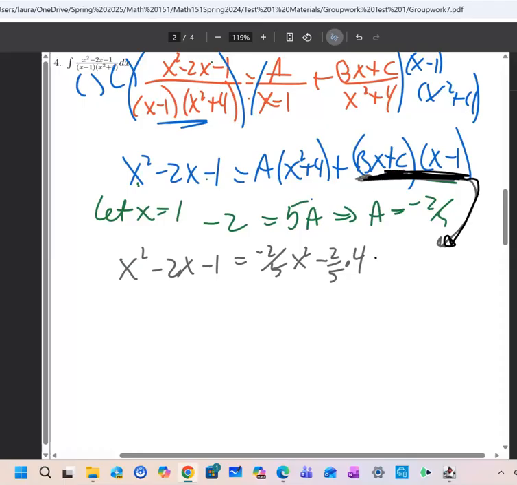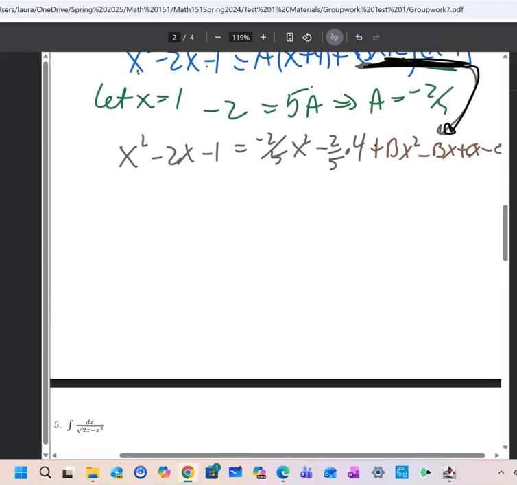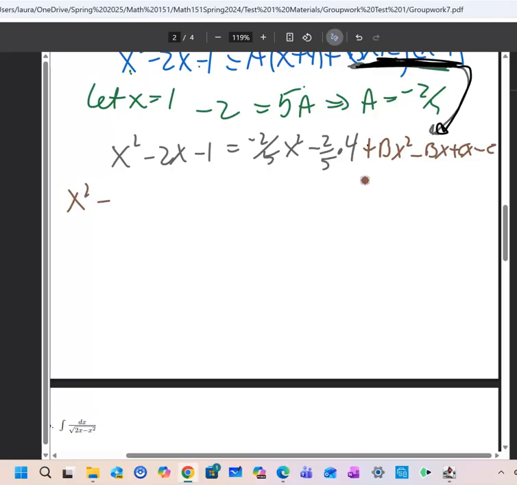So let me put it in a different color, plus Bx² minus Bx plus Cx minus C. Whoops, minus C. Okay, let me write that again a little neater. So I get negative 2/5 x² minus 8/5 plus Bx² minus Bx plus Cx minus C.